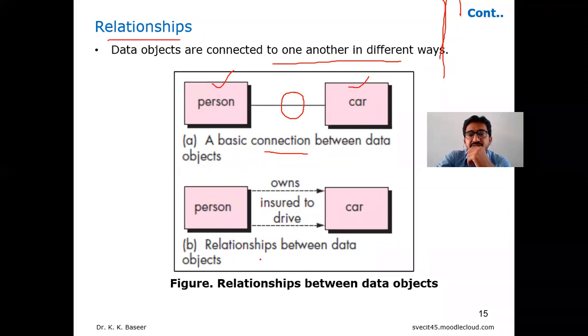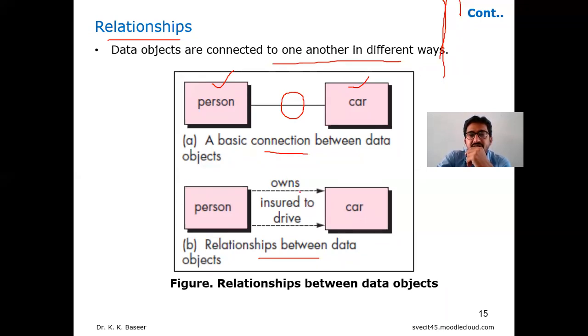This is the relationship between data objects. Now, how is the relationship? A person owns a car, or a person is insured to drive a car.